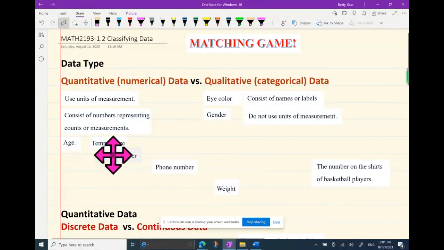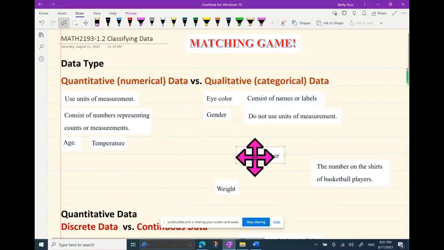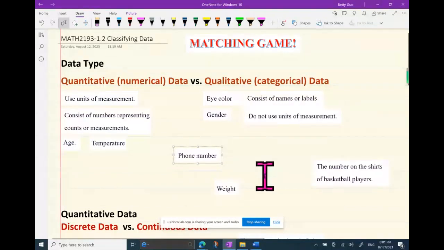What about phone number? Quantitative or qualitative? We know phone numbers are numbers, right? But which one should we choose? Like our campus police department phone number is 918-595-8888. Do we use that phone number to measure or count?